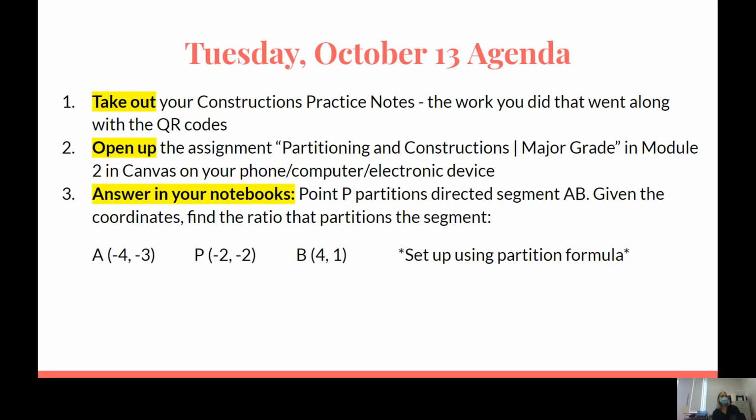So it should be drawn, a picture, the line segment.